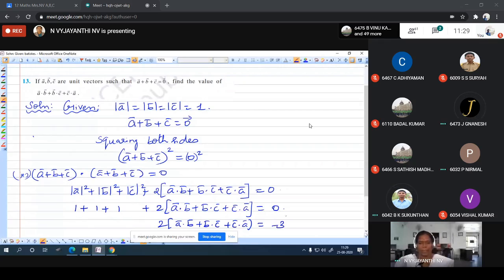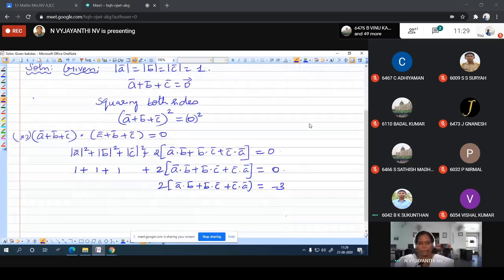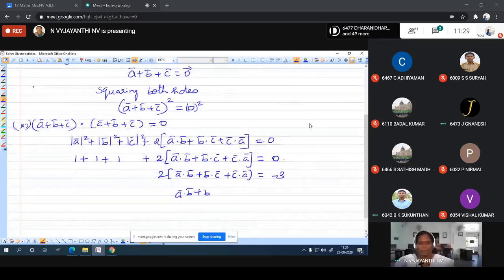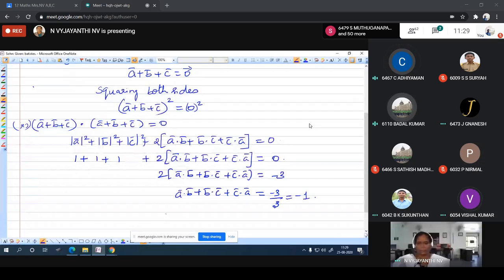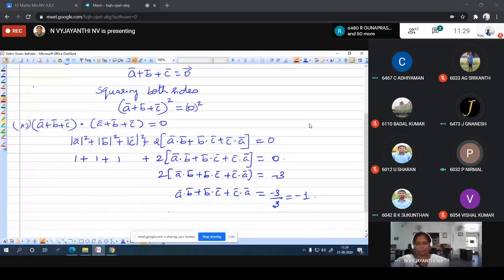So A dot B plus B dot C plus C dot A is equal to minus 3 by 2. In this pattern, one NDA question will be asked.